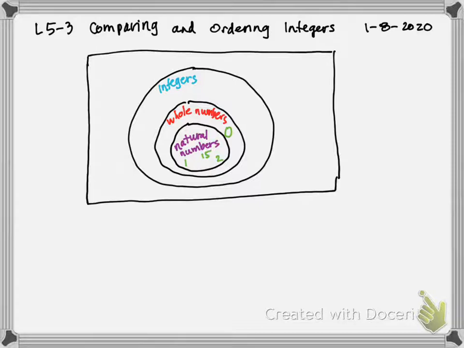Okay, now what makes integers unique, so that's all I'm doing is numbers that are unique in these circles. So what makes integers unique is that now you can have negatives. So -1, -15, you could have -2, -327, and so on. Okay?